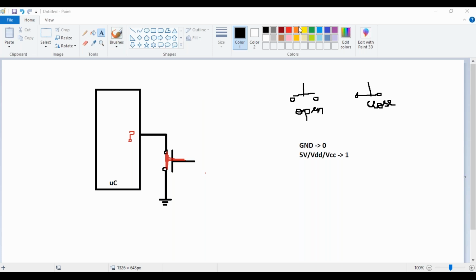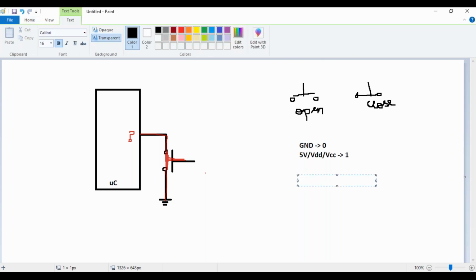Now tell me, what are you going to identify here? Yes, you are going to identify a ground, because the circuit is complete. From the microcontroller, the line is connected to ground. So the pin of the microcontroller identifies a ground. Ground represents 0.